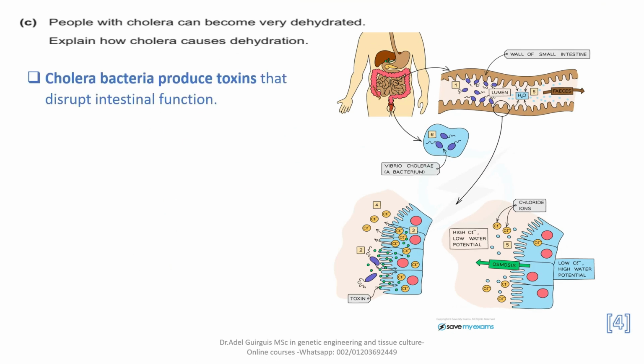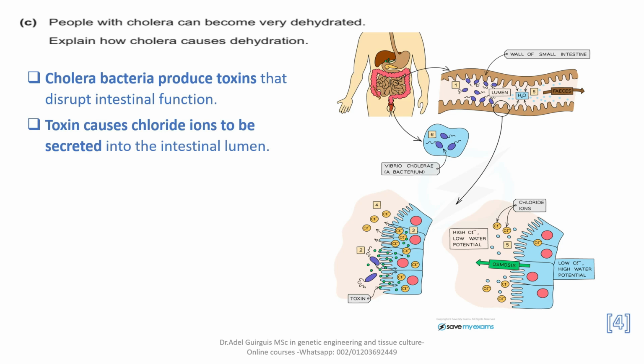Look, cholera bacteria produce toxins that disrupt intestinal function. Number 2, toxins cause chloride ions to be secreted into the intestinal lumen.